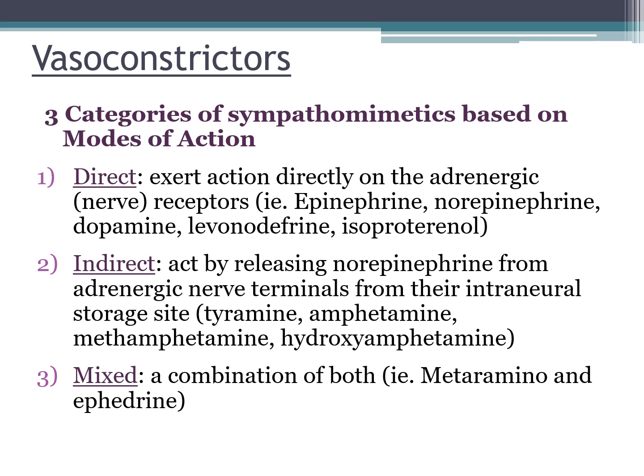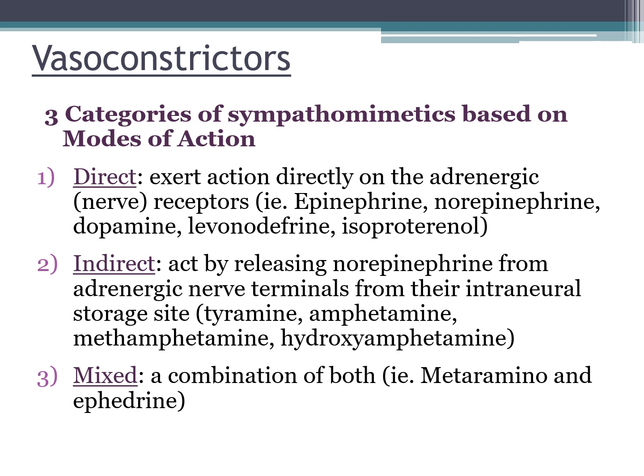So there are three categories of sympathomimetics based on the mode of action. So vasoconstrictors, there are three types: the direct, the indirect, and the mixed. The direct exert action directly on the adrenergic receptors. That's the epinephrine.